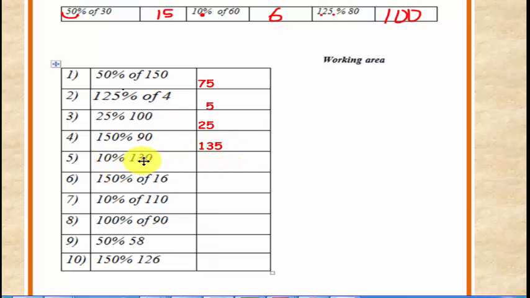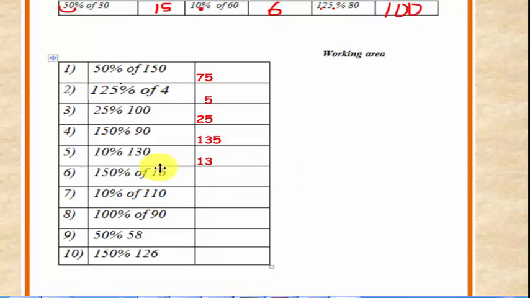What's 10% of 130? Move your decimal 2 places to the left, and your answer should have been 13. Okay, number 6, 150% of 16. Remember, take your decimal point, move it always, in this case, 2 places to the left. Now the answer should have been 24.